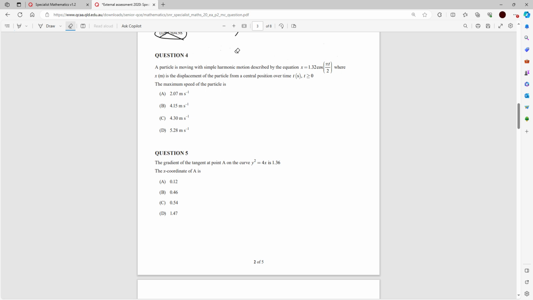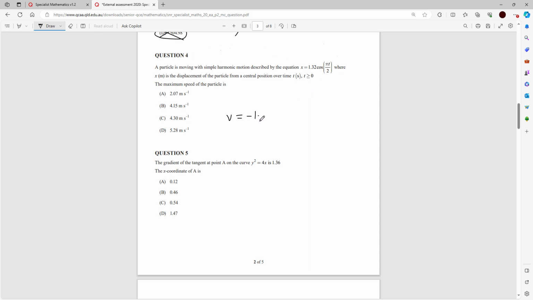Okay, so straight off the back, we know with motion, if you differentiate position with respect to time, you're going to get velocity. So if I differentiate this, I'm going to get a velocity equation straight away. In other words, velocity is going to be, well, if you differentiate cos, it turns into a minus sine.